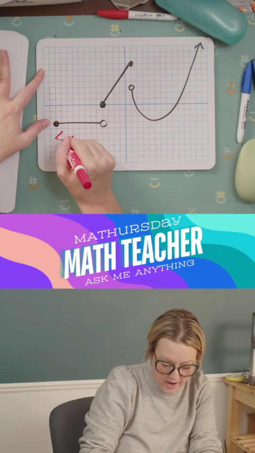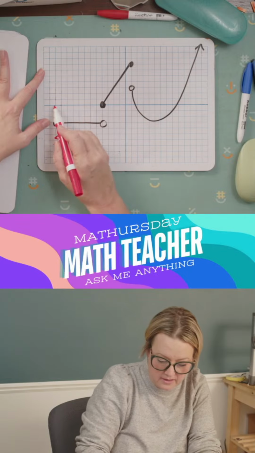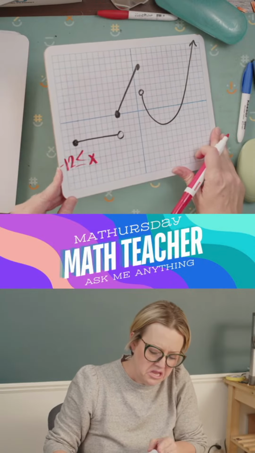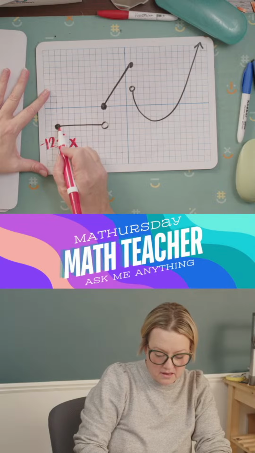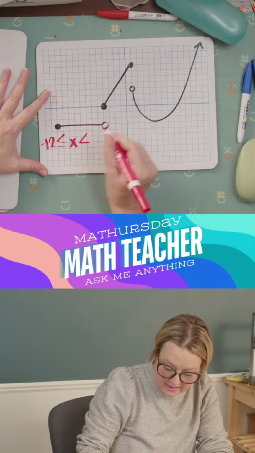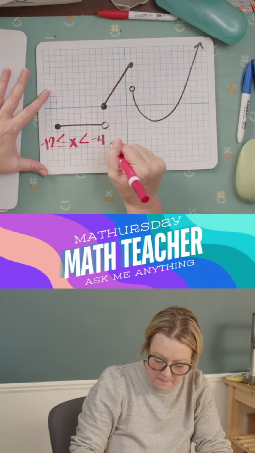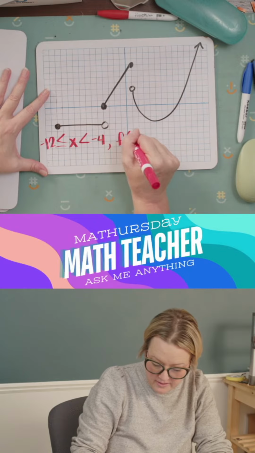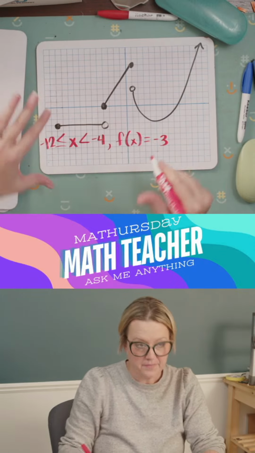if x is greater than or equal to, what is this, 2, 4, 6, 8, 10, 12, negative 12. Oh my gosh, one of my boards is broken. Oh no. So if x is greater than or equal to negative 12 and less than 1, 2, 3, negative 4, okay, then my equation is f of x equals negative 3.